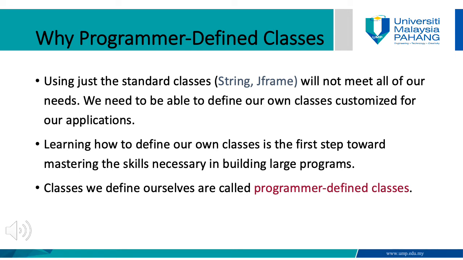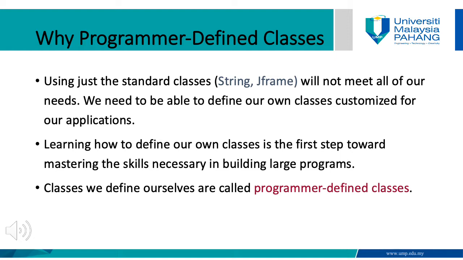So, as a programmer, why do we have to define a class? It is very important for a programmer to know how to define a class when working with OOP. If you're using a standard class such as String or JFrame, it will not meet all of our needs.